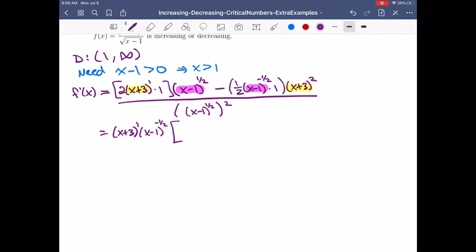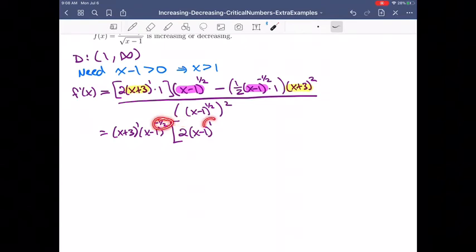Okay, so what's left in the first term? Well, I have a 2, and I had more x minus 1s. I had 1/2 of them, and I took out negative 1/2 of them. So what I'm going to have is x minus 1 to the 1, because when I expand this back through, I'm going to add these exponents.